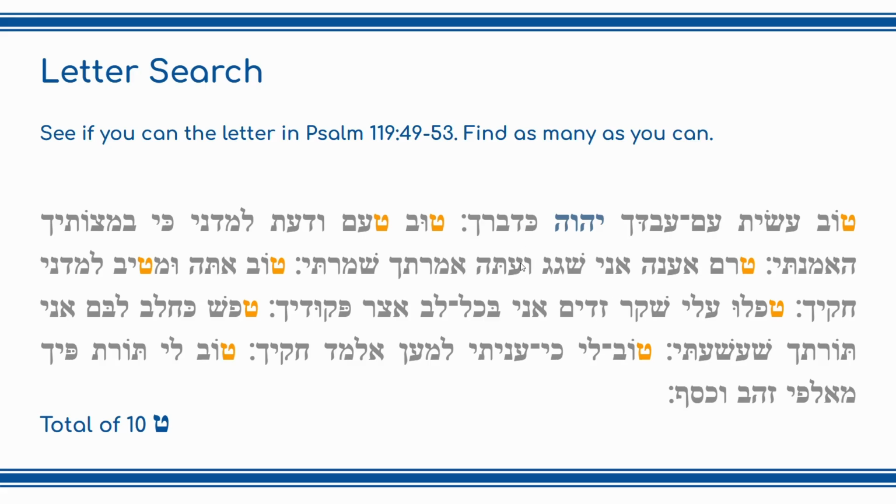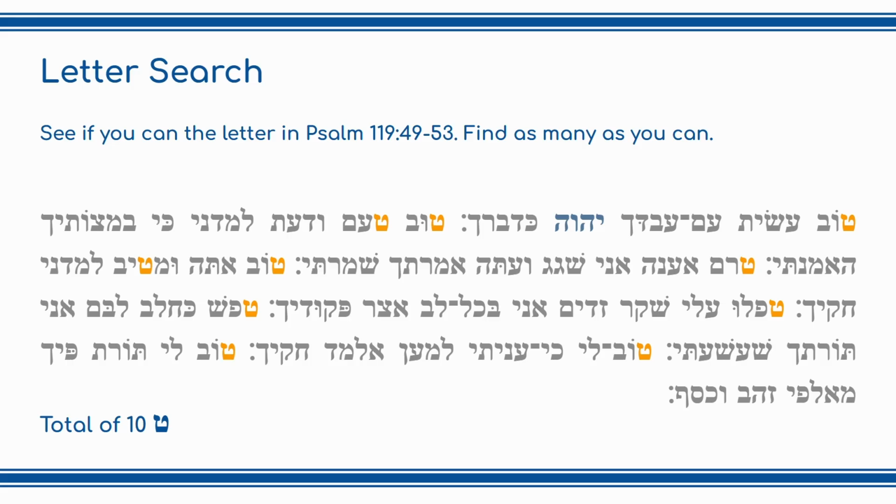Vav looks like a hook or a nail, and Zayin looks like he's wearing a streimel. He's wearing his Shabbat best for you. And so I think these are all the letters you've learned so far. So you've learned Aleph, Bet, Vet, Gimel, Dalet, Hey, Vav, Zayin, Chet, and Tet.